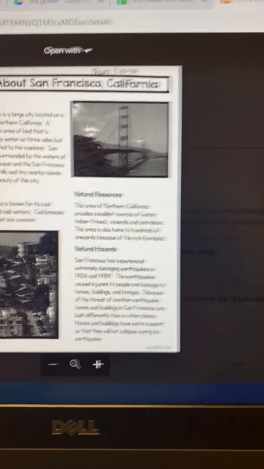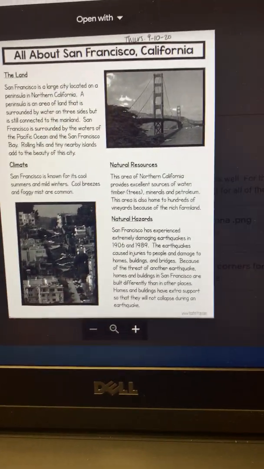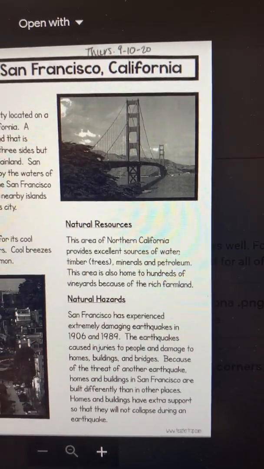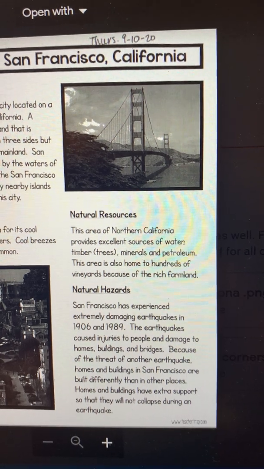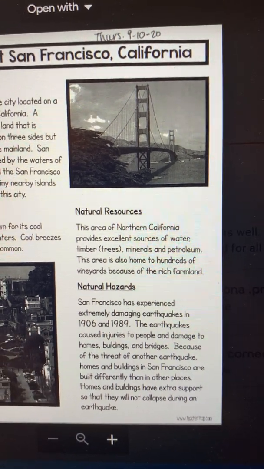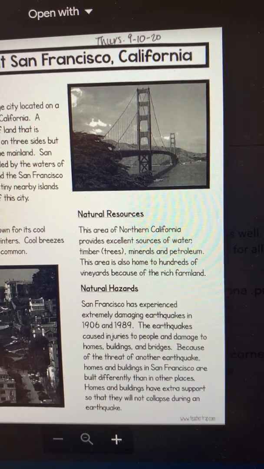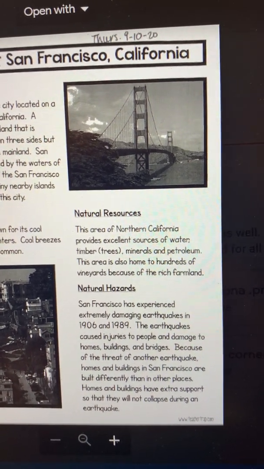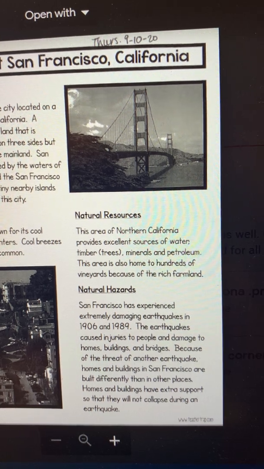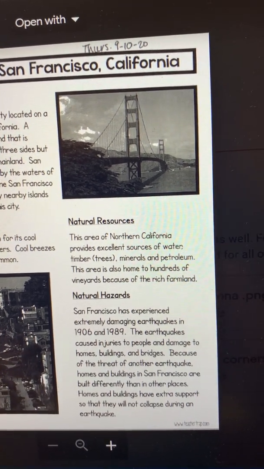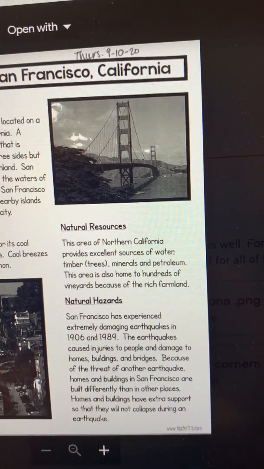Okay, so nice. Natural resources. So things that I can find there, I have sources of water, timber, which is just a fancy word for trees. I've got minerals, which come from the earth and may help us with different things. And then petroleum.